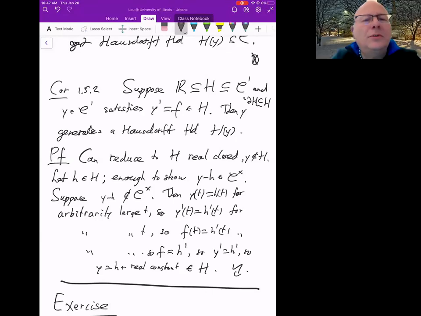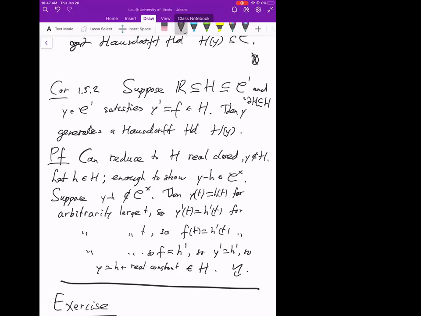So the statement could be that the extension of a Hardy field by an antiderivative is also a Hardy field, right? Yes.